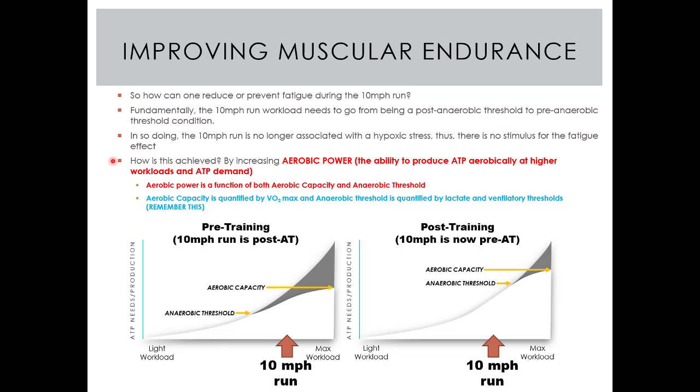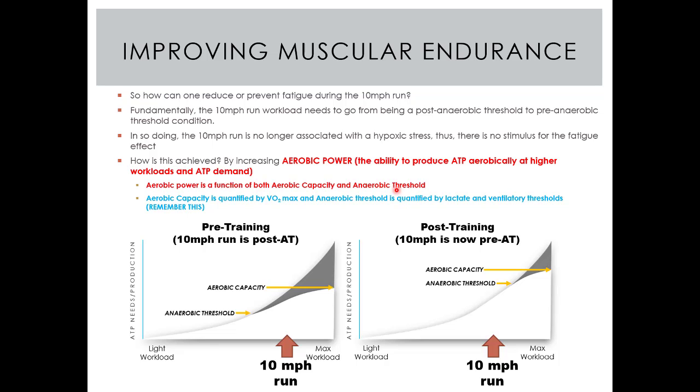So then how is this achieved, at least conceptually? This is achieved by increasing what we call aerobic power, which is the ability to produce ATP aerobically at higher workloads or intensities and ATP demand. And this is illustrated by this figure here. Now, aerobic power is a function of both aerobic capacity and anaerobic threshold. We already refreshed what the anaerobic threshold represents.